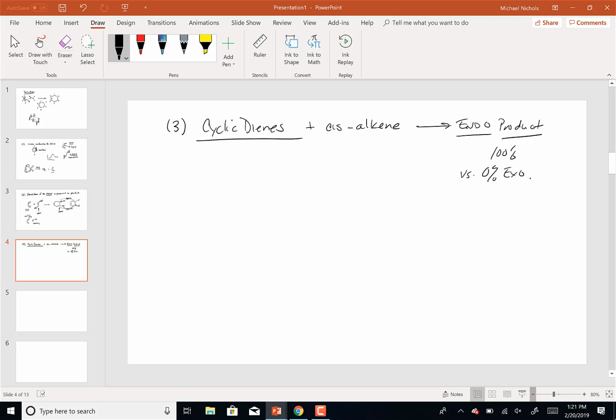And by saying it's cis, it has to be disubstituted. So we'll do a couple examples here.